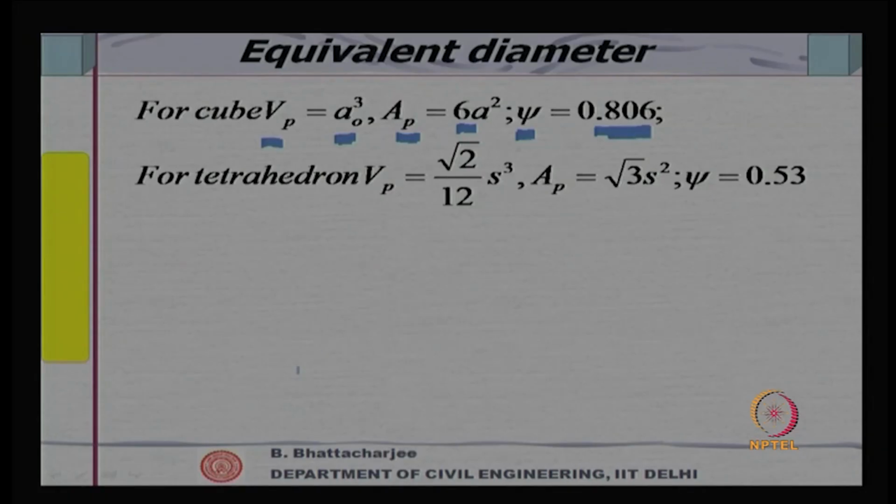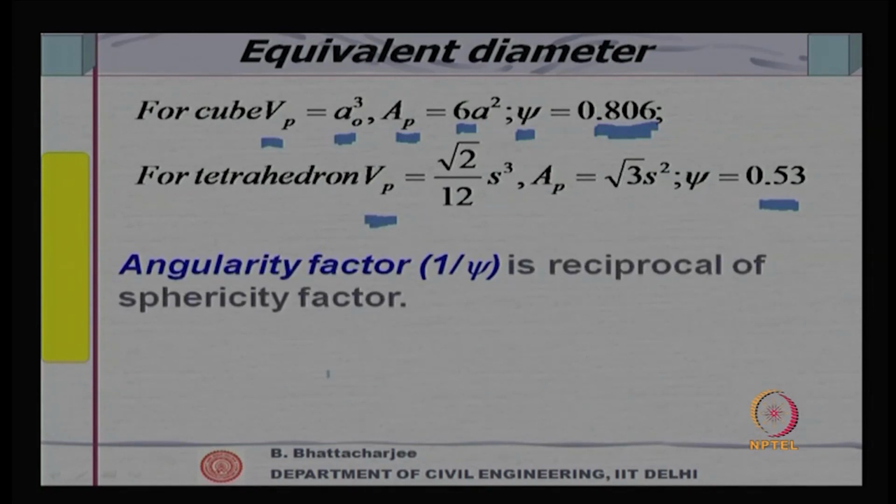The sphericity factor will come out to be 0.806. For a tetrahedron, this value is 0.53. You can show it similarly.